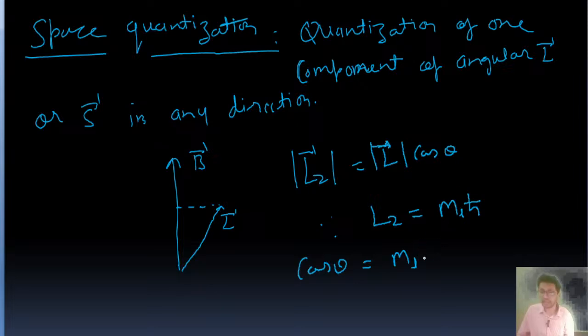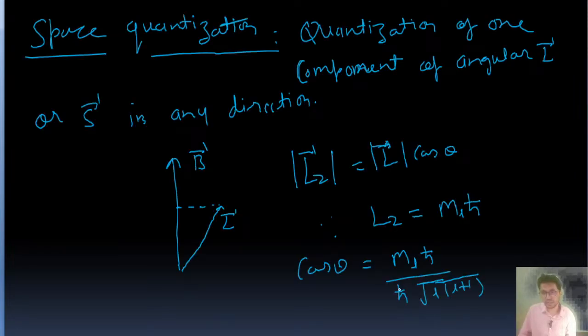So ml h cut upon h cut root L into L plus 1 cos theta, because this is ml h cut and this value is h cut into root L into L plus 1. We'll solve it further.